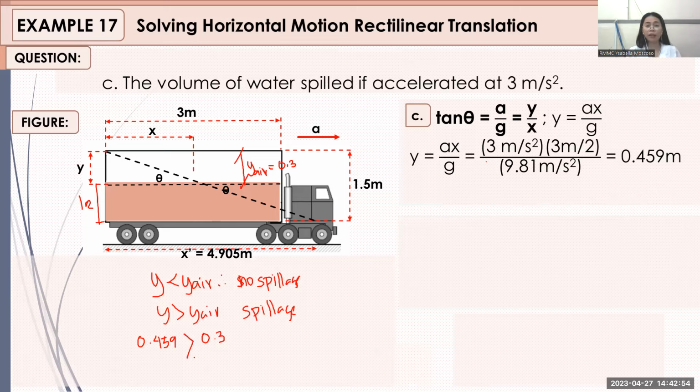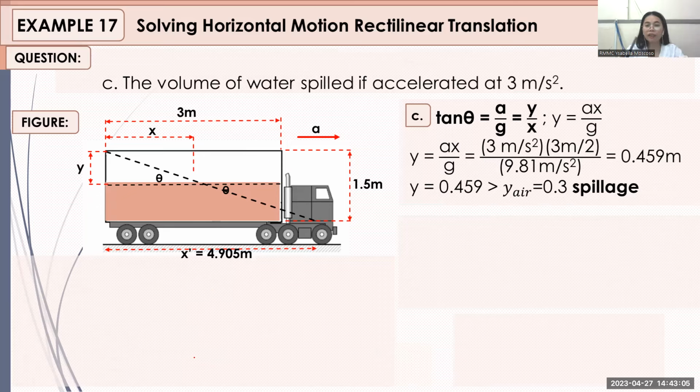So, if your y is greater than the height of your air, therefore, anong conclusion yun? There is spillage. Ibig sabihin, totoo nga na at a given 3 meters per second squared na acceleration, may tubig na ngang natapon or may tubig na ngang lumabas from the vessel. Okay? And take note of this.